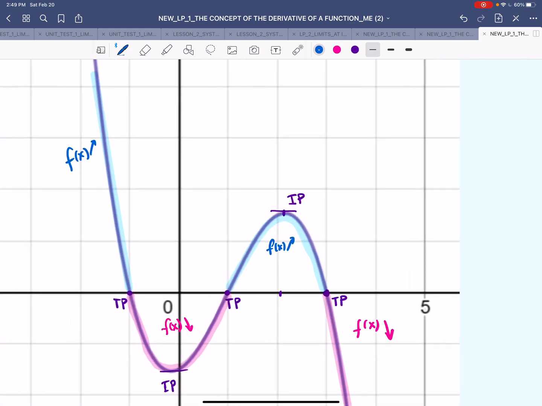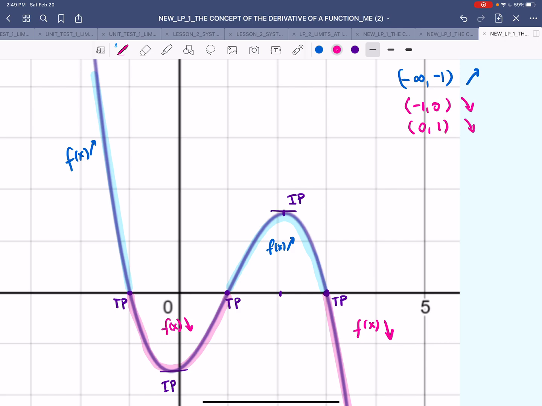So we're going to say that from negative infinity to negative 1, we have an increasing function. From negative 1 to 0, we have a decreasing interval. From 0 to 1, it continues to decrease.